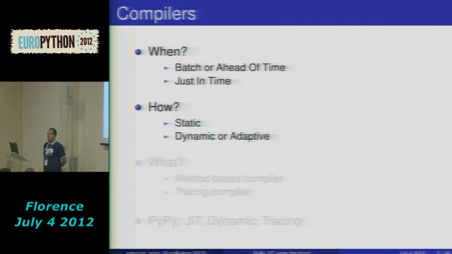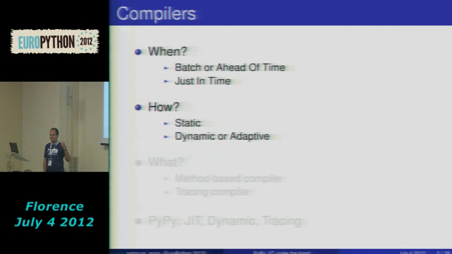There are 2 other main differences between compilers. A compiler can be static, or what is called a dynamic or adaptive compiler. The difference is that static compilers can use only the information in the source code or in the intermediate code to generate the assembler. And a dynamic compiler has the advantage that it uses the information which you get at runtime.